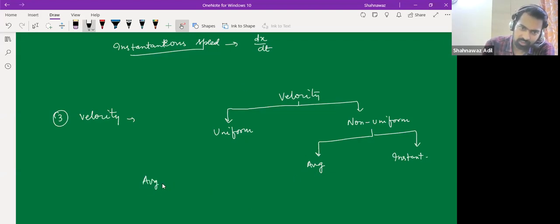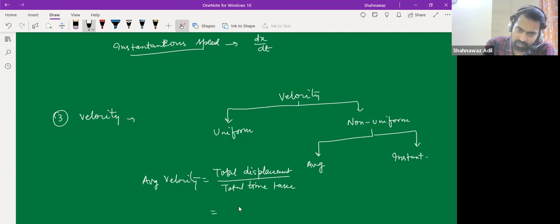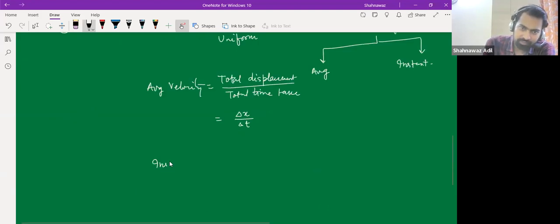Average velocity is the total displacement divided by total time, and similarly it is also delta x by delta t. For the instantaneous one, this is simply dx by dt.